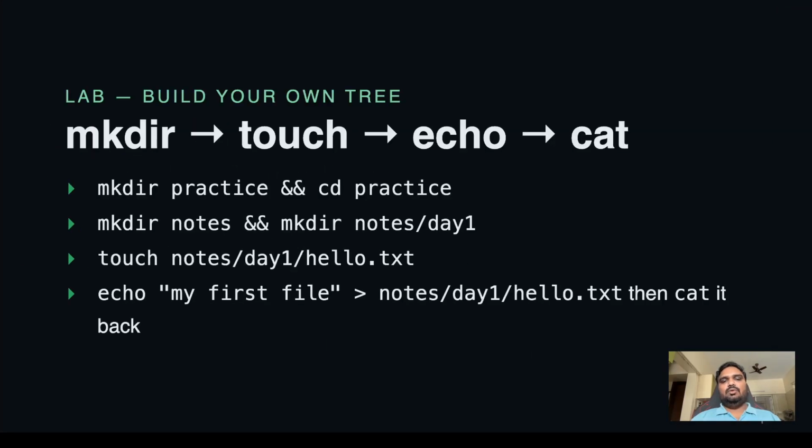So now let's go over building our own small tree. We will make a directory as practice, and don't worry about how exactly cd works, but it changes your directory. For now it just means go into that folder. So let's run all these commands on our terminal.